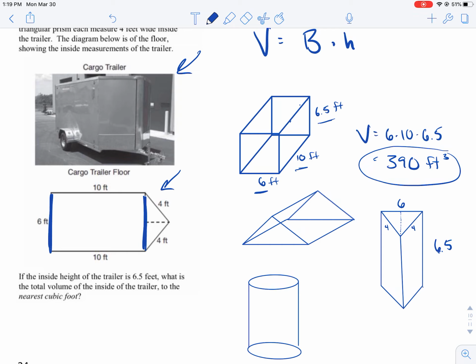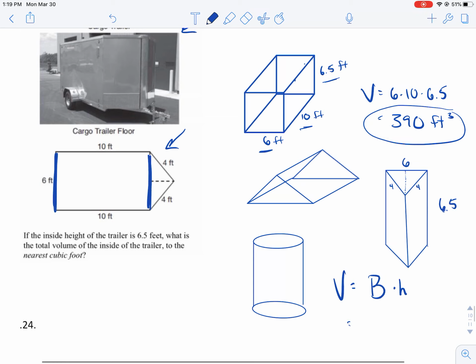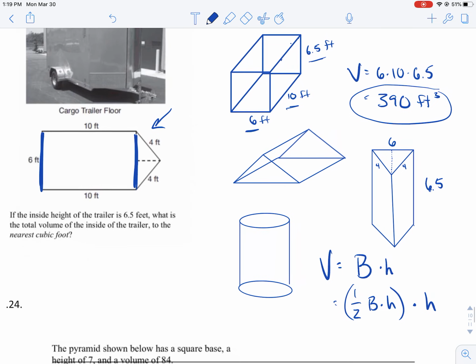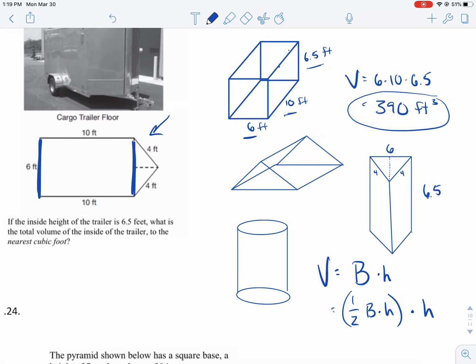So what we don't have, though, is the height of this triangle. Don't forget, in order to find the volume, big B times little h. In this case, our big B is the area of a triangle, so it's 1/2 base times height, times height. That is what we are looking for here.